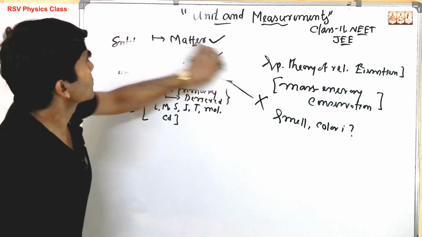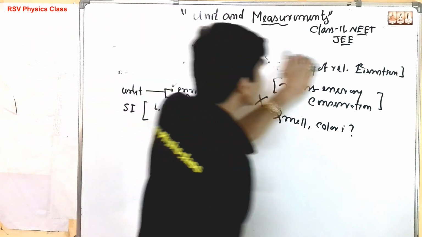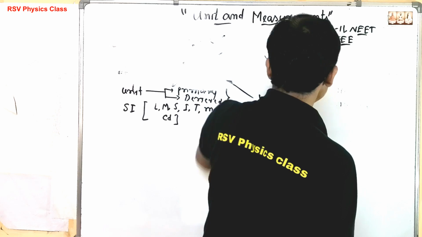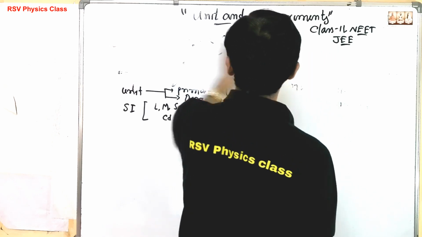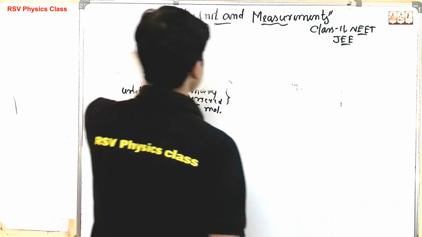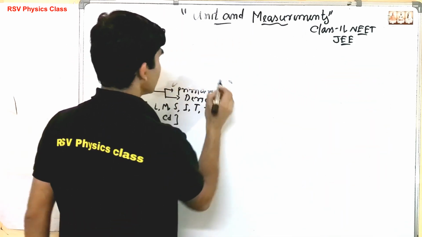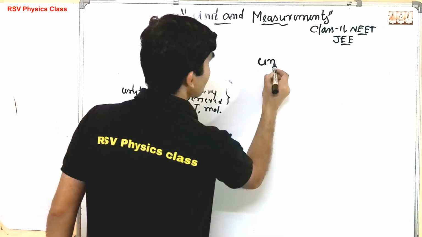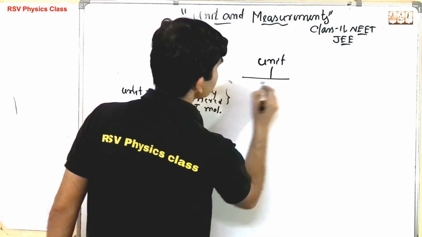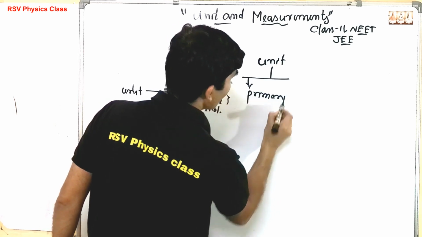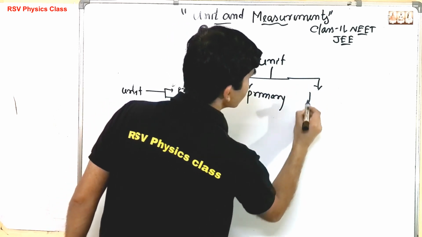Okay, so now units. Every physical quantity you have to define in terms of some internationally accepted standards. That is called a unit. So there is a primary unit and another one is derived.